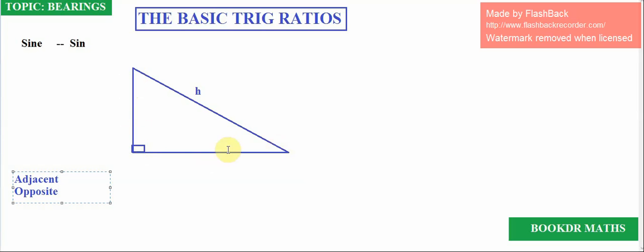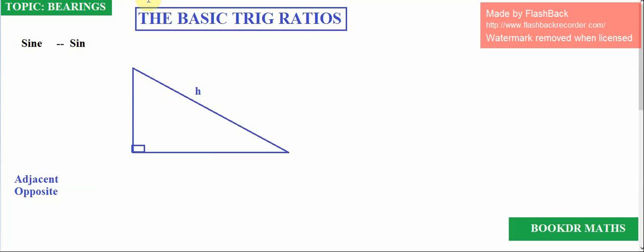This line can be classified as adjacent, or it can be classified as opposite. Please, in trigonometry, most students make this mistake. It is only the hypotenuse that has a fixed name. The other two sides get their names based on the acute angle you are going to refer to.